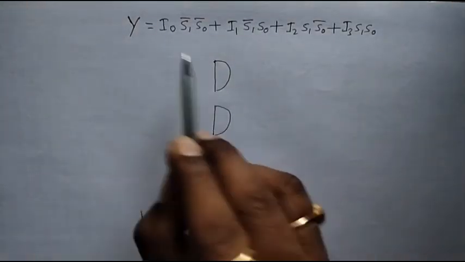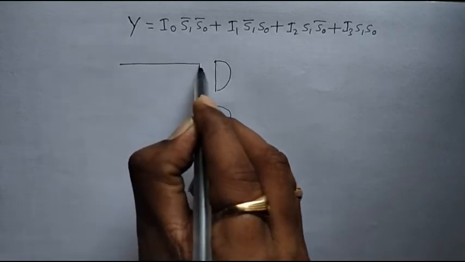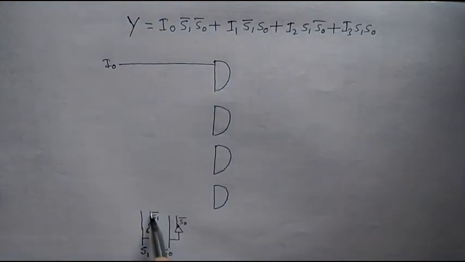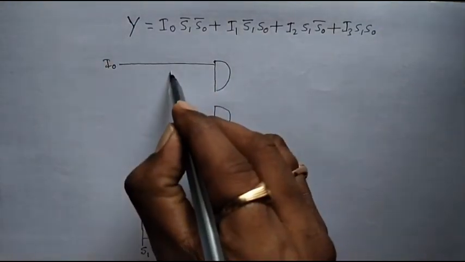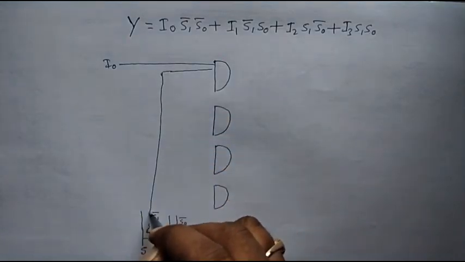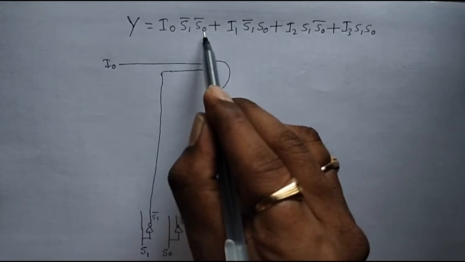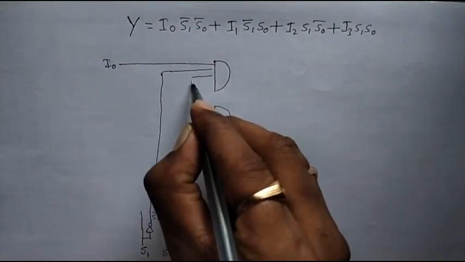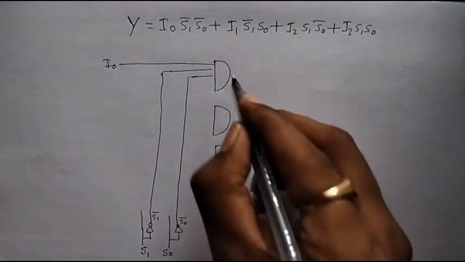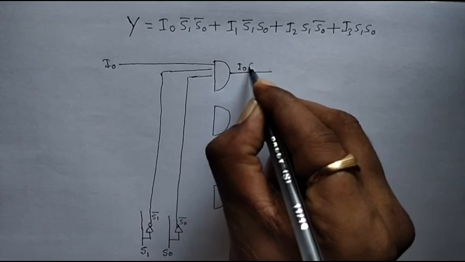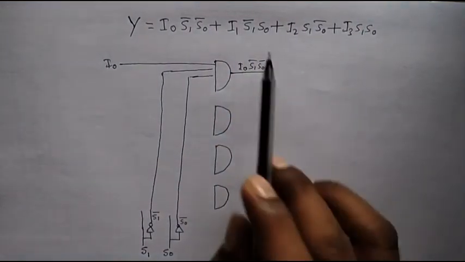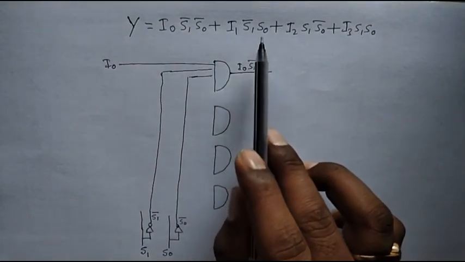For the first AND gate, the inputs are I0, S1 bar, taken from this line, and another input S0 bar. The output of this is I0 S1 bar S0 bar. Now the second term, I1 S1 bar and S0.